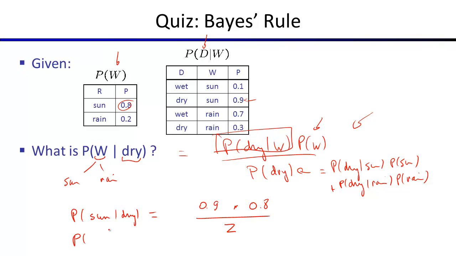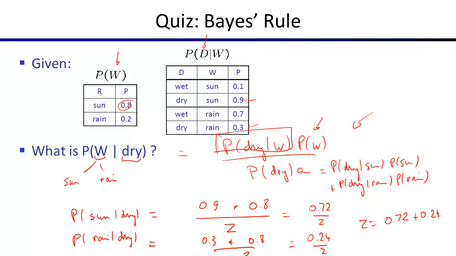We can do the same thing for rain given dry, which will be rain given dry over here, 0.3, prior for dry, 0.8, divided by normalization constant z. So we have 0.72 over z and 0.24 over z. We know z is just a sum of these two things, 0.72 plus 0.24. And so we have the final answer to our Bayes rule kind of problem here.